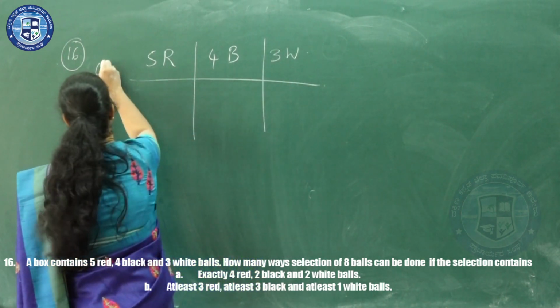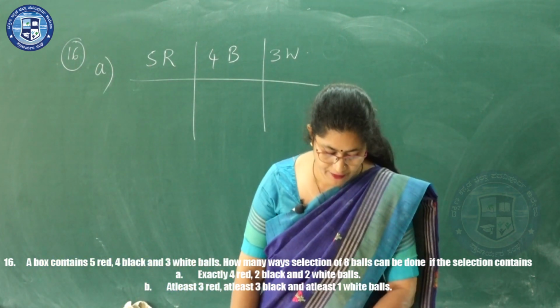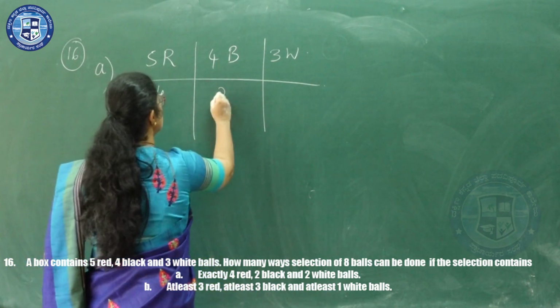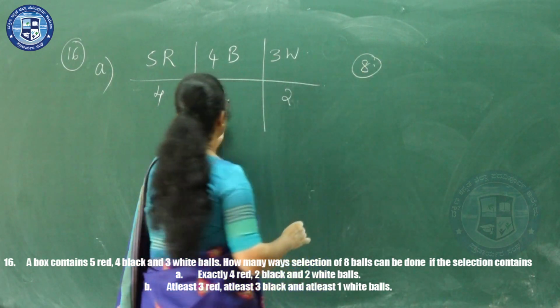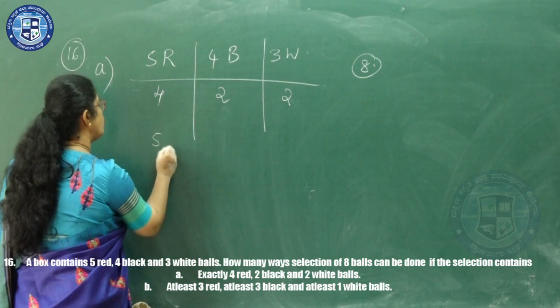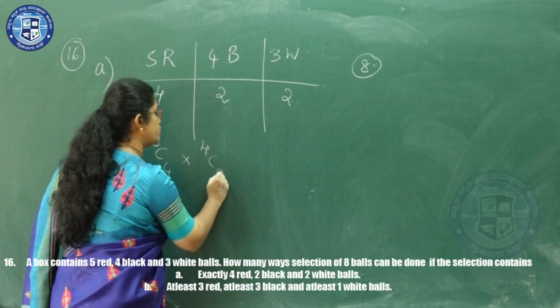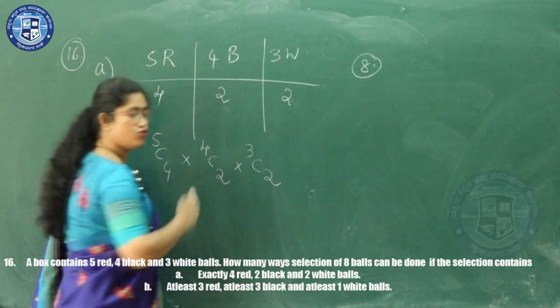And option A says how many selections are possible if I have to choose exactly 4 red, 2 black and 2 white. The total should be 8, 4, 2 and 2. Only one option. From 5 you have to choose 4 and from 4 you have to choose 2 and from 3 you have to choose 2.